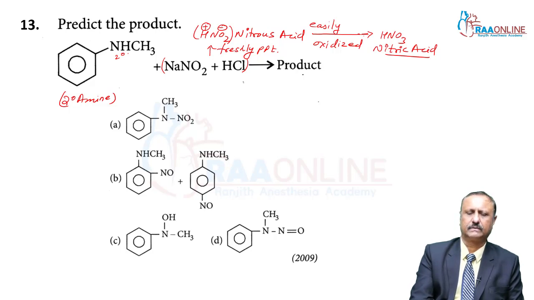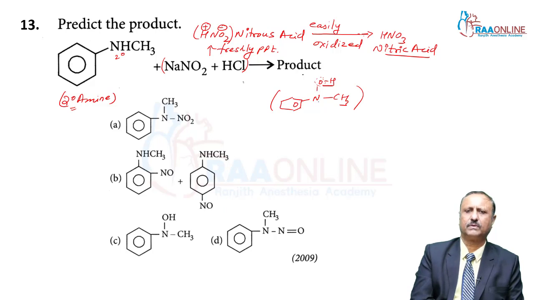NHCH3 gives this compound, where an OH group is attached to the nitrogen atom, due to the nitrous acid, because it is a secondary amine.